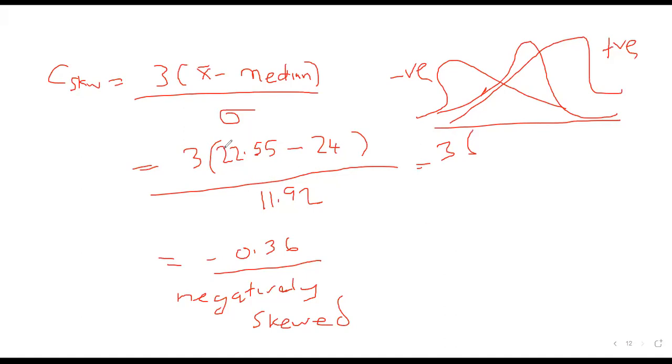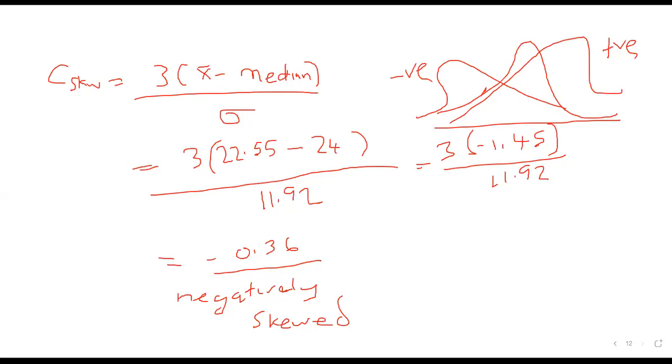What are you getting here? 22.55 minus 24, negative 1.45. Then divided by 11.92. Okay, I've gotten it.